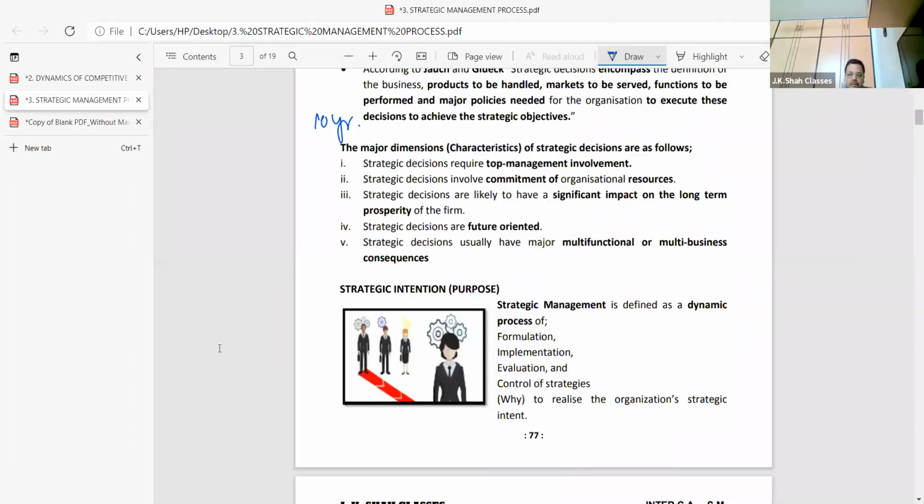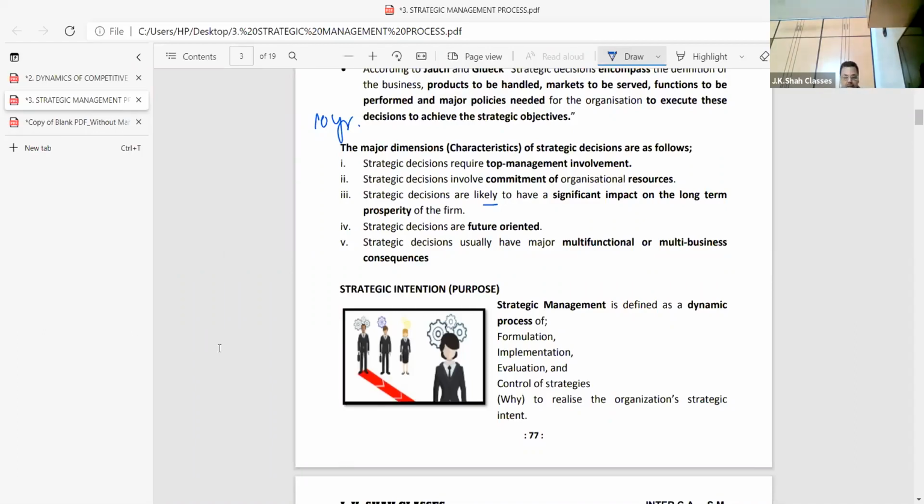Top management. Then it involves commitment of organizational resources. Obviously, top management is involved, finance is involved. Then these decisions are likely to have significant impact on the long-term prosperity of the firm. Precisely. Ratan Tata's decision of 6,000 crore rupees and further investment in the Nano car proved to be a big disaster.